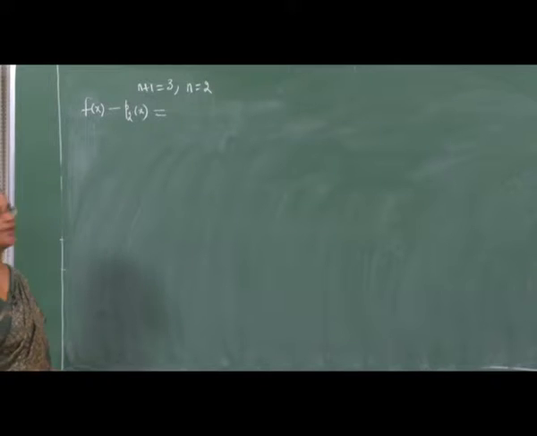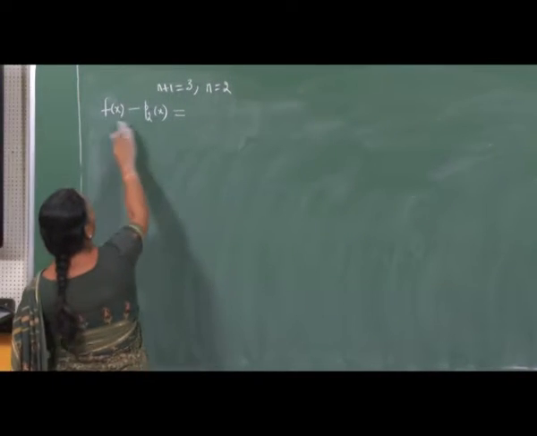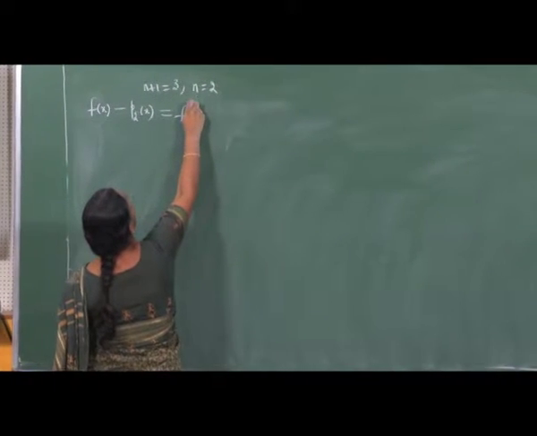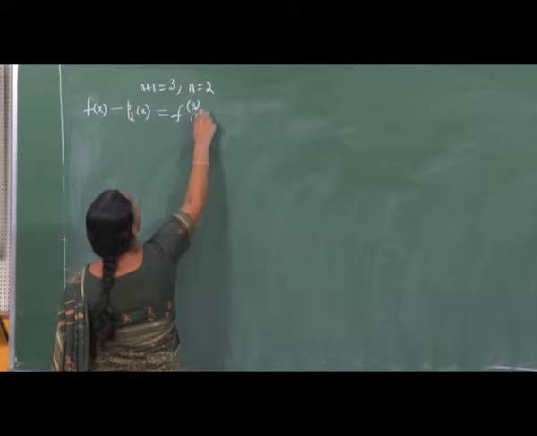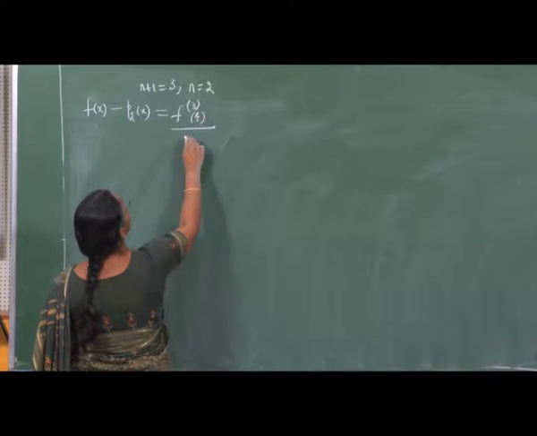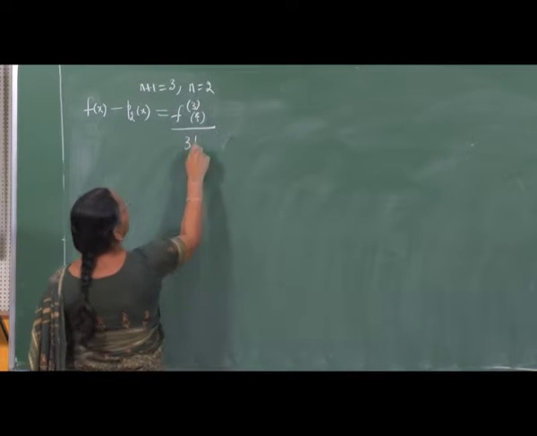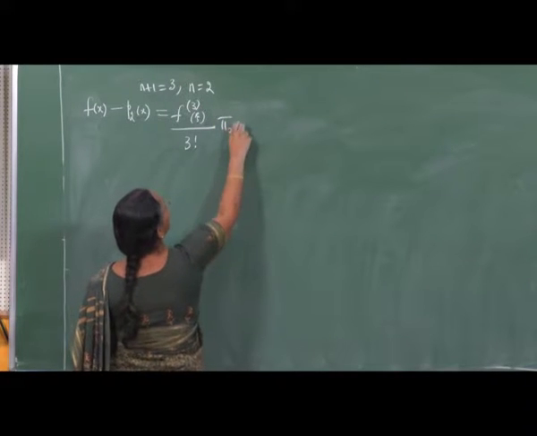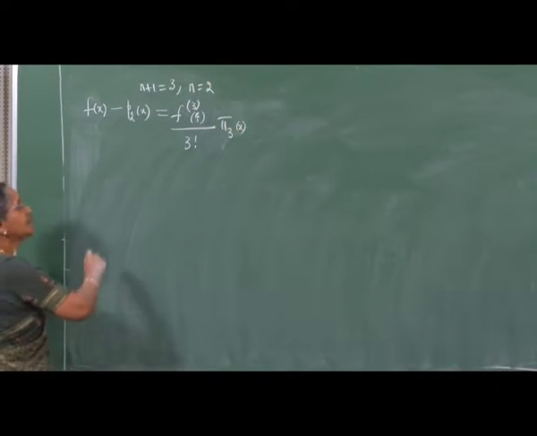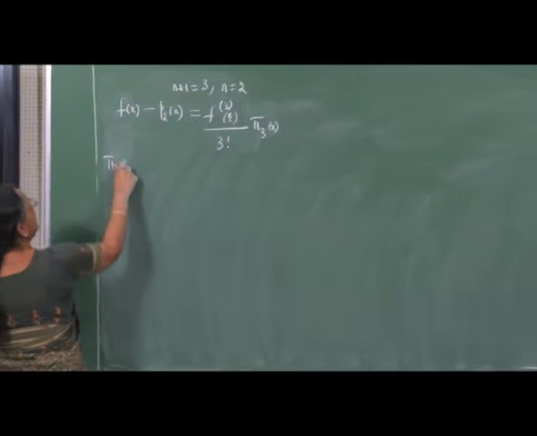So, f of x minus p2 of x is the n plus 1th derivative, that is the third derivative at some psi, divided by n plus 1 factorial into pi n plus 1 of x. What is pi 3 of x?